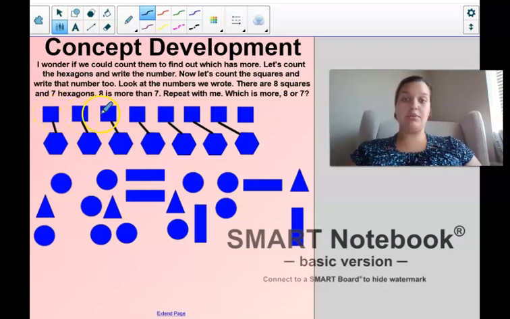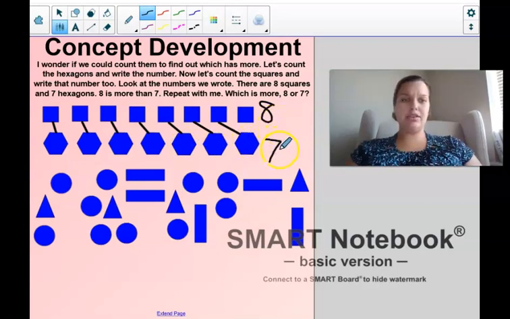1, 2, 3, 4, 5, 6, 7, 8. And how many hexagons do we have? 1, 2, 3, 4, 5, 6, 7.